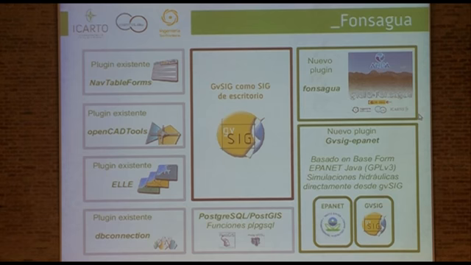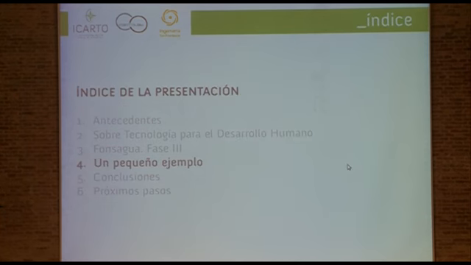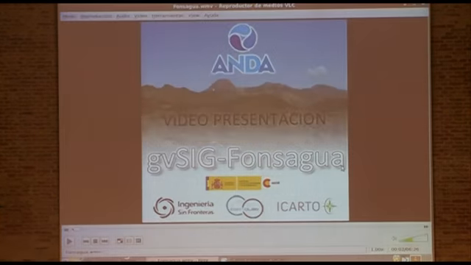We have created two plugins which are in two public repositories. One is called Fonsagua, which is particular to the project, and the other is separate, which is the gvSIG-Fonsagua. So here we have a new plugin to do different examples.